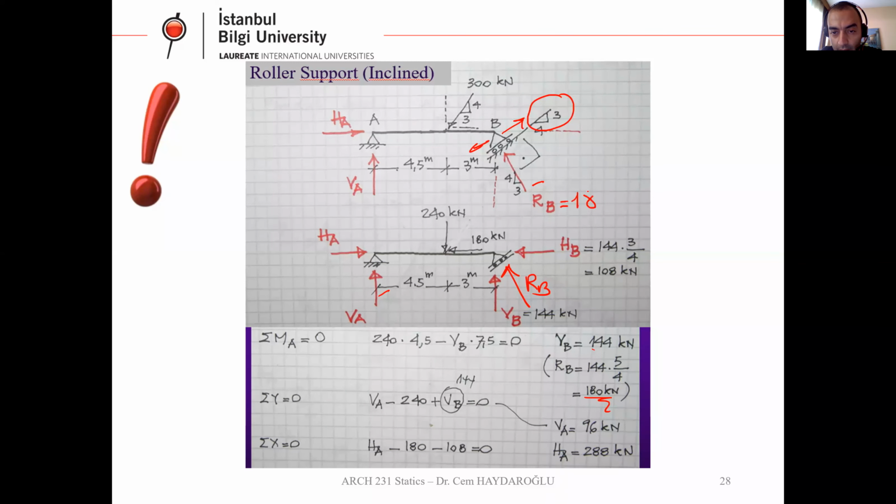If you'd like to calculate HB, it's easy again: 144 times 3/4. These are coming from these proportions. These are not special magic numbers coming from elsewhere. They all come from this question. Now we have RB, HB, VB, all the unknowns. Any questions so far for this example? Yes, no.